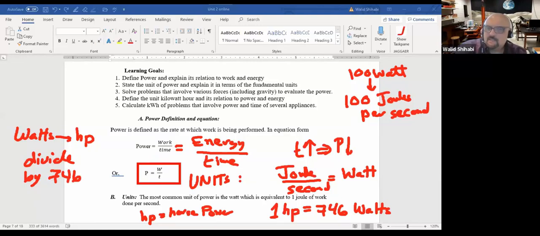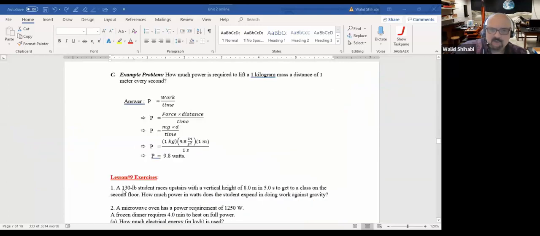So I'm introducing this first before we start the lab today. And this is actually the lab we'll be doing today. All this problem represents the lab. So first in this problem, suppose how much power is required to lift a 1 kilogram mass a distance of 1 meter.